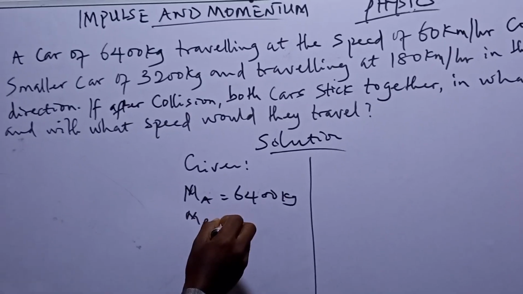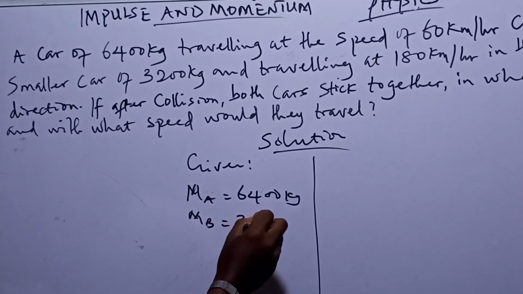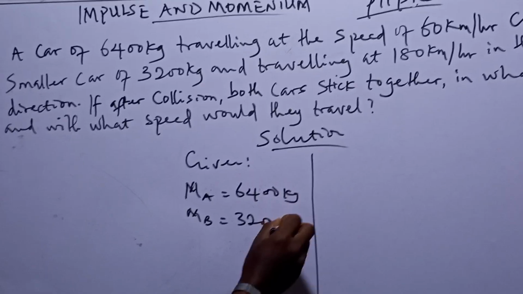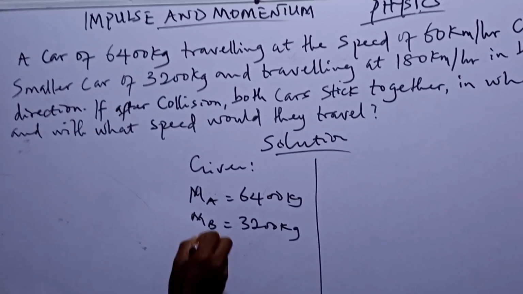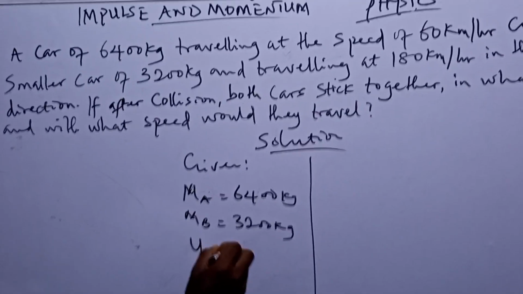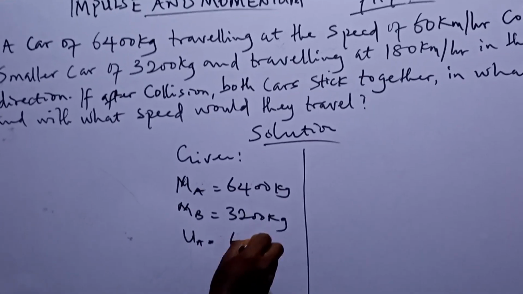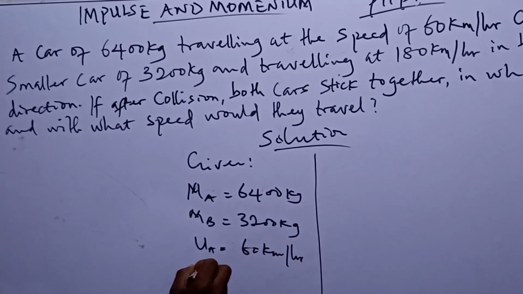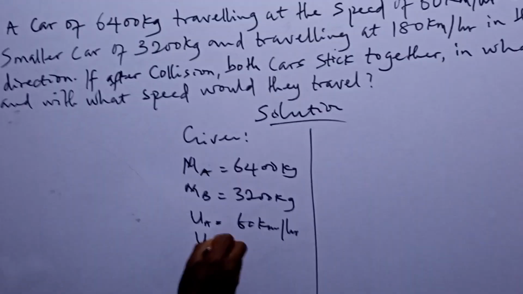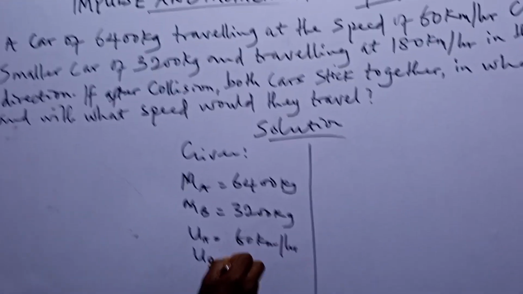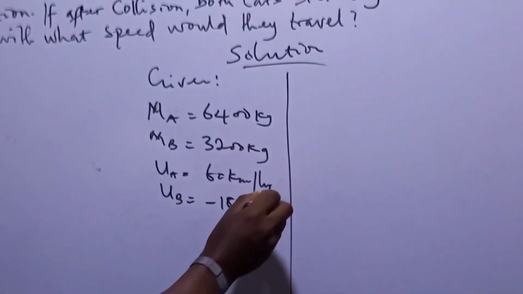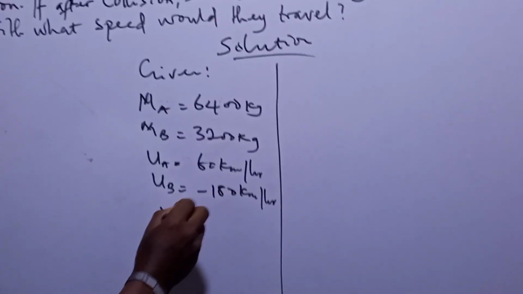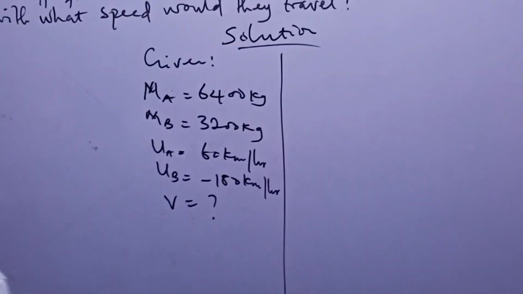Mass of B is equal to 3,200 kilograms. We also have that initial velocity of A is 60 km per hour. Initial velocity of B is minus 180 km per hour. These are initial velocities, and the final velocity is what?